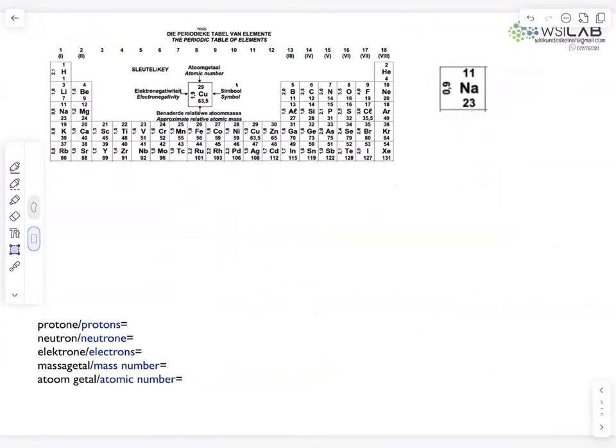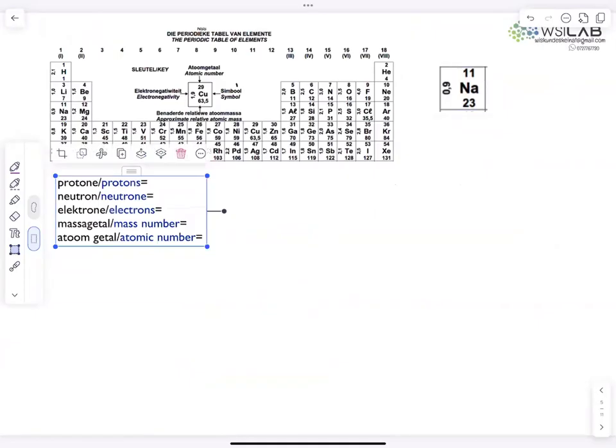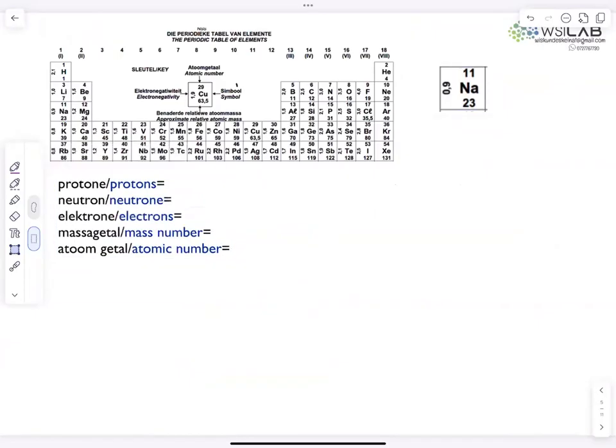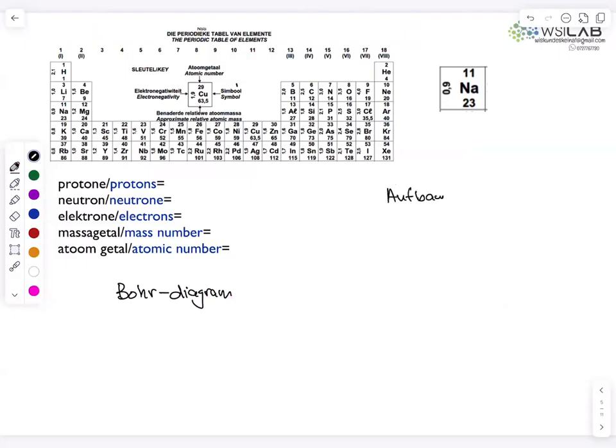The first thing you're going to do, you're going to answer these questions: how many protons, neutrons, electrons, molar mass or mass number or atomic number. Then I want you to draw a Bohr diagram. And then I want you to draw an Aufbau diagram. And then we're going to move over to ions.